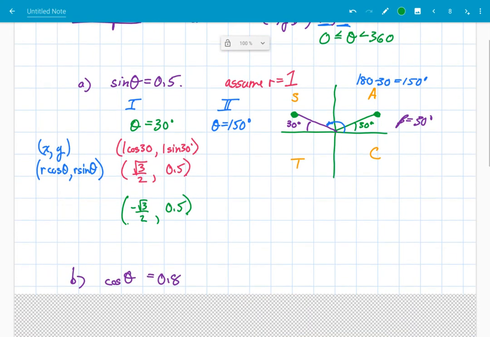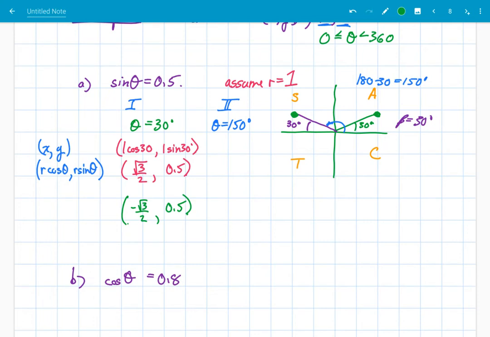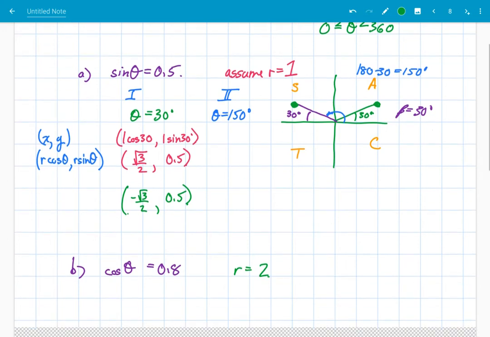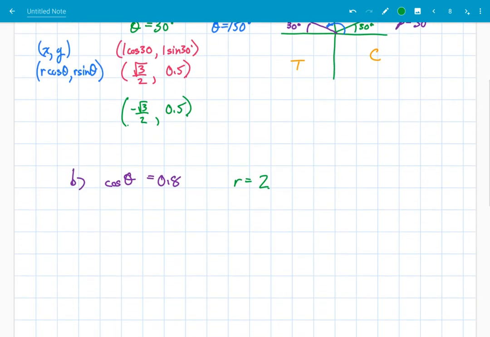Okay, try this one. Let's do r is equal to 2. Okay, cos is positive in which quadrant? It's positive in the first quadrant, and it's positive in the fourth quadrant.